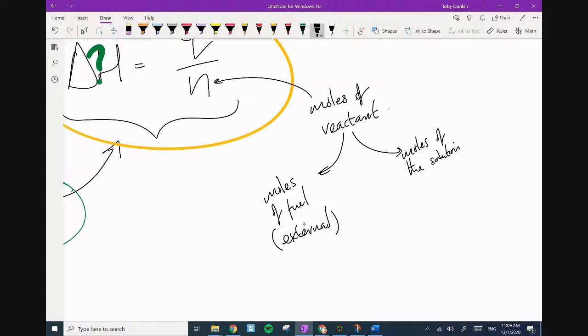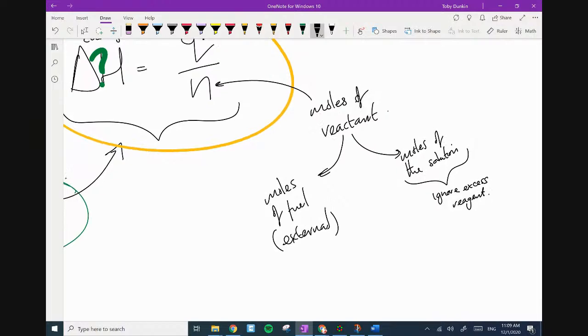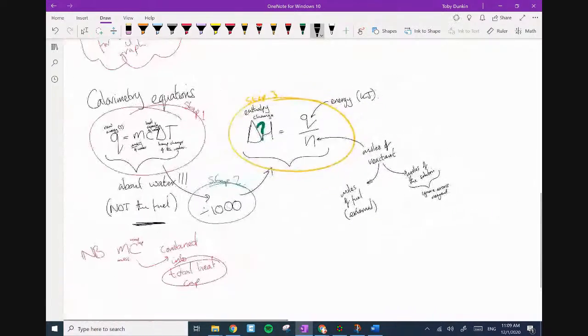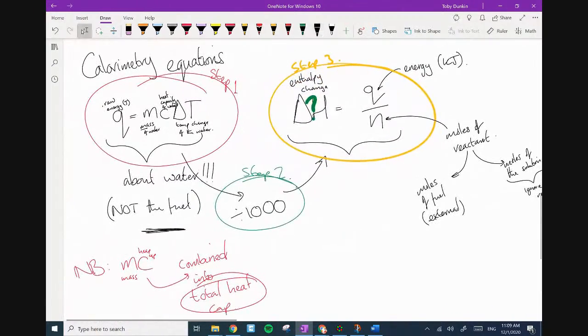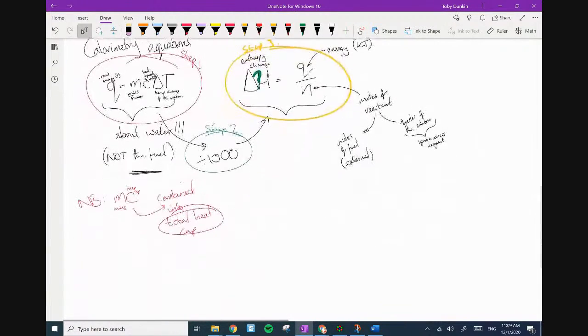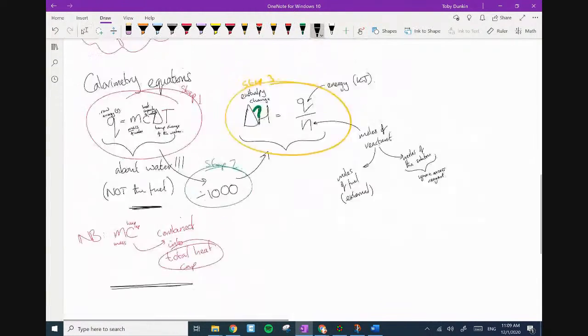This one here has an extra clause, which is ignore excess reagent. We know that one, we always ignore the excess. So anyway, we pick up our three steps, but two equations, and we make this extra leap to A level with that point there.